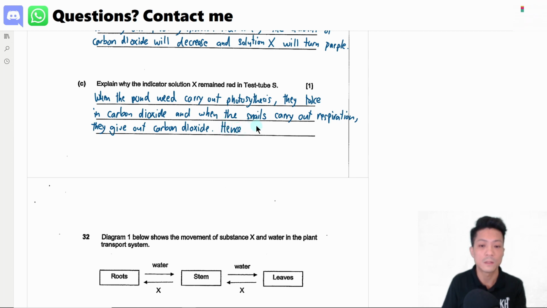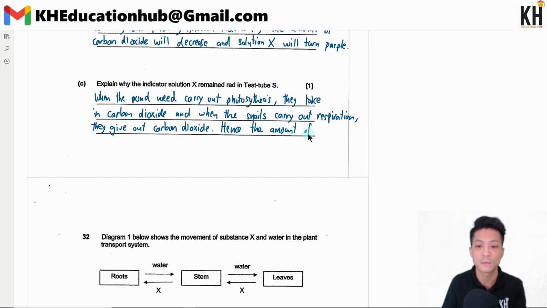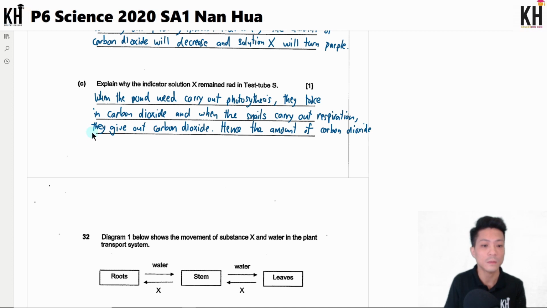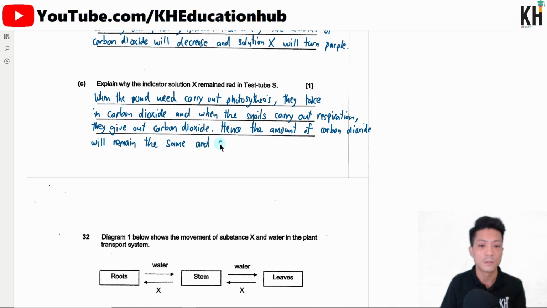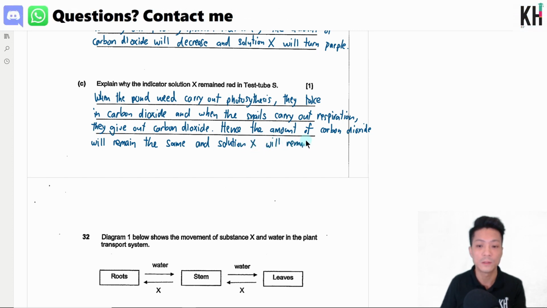Hence the amount of carbon dioxide will remain the same. And solution X will remain red.